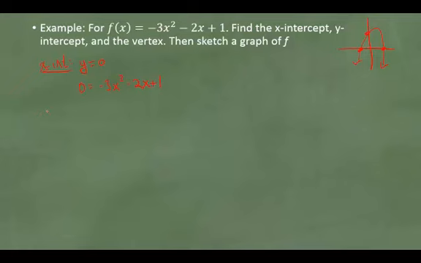The quadratic formula says the solutions are x is equal to -b, or 2, plus or minus the square root of b squared, or 4, minus 4 times a times c, which is -3 times 1, all over 2 times a, or 2 times -3, which is -6. Remember, we're using -b plus or minus the square root of b squared minus 4ac, all divided by 2a.